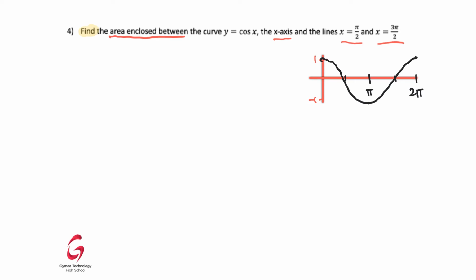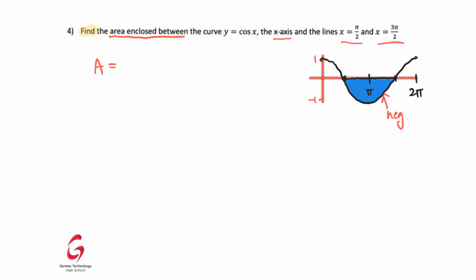Now we're looking for the area between the x-axis and the lines pi on 2, which starts here, and 3 pi on 2. So really we're finding this area in between here. Because it's underground, we're going to get a negative answer, so we're going to have to use absolute values to get the actual area.